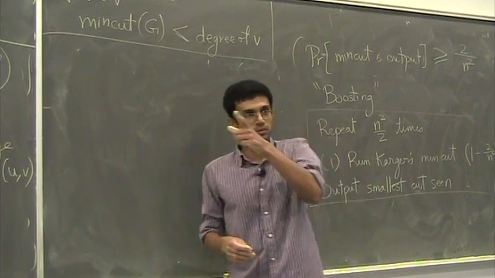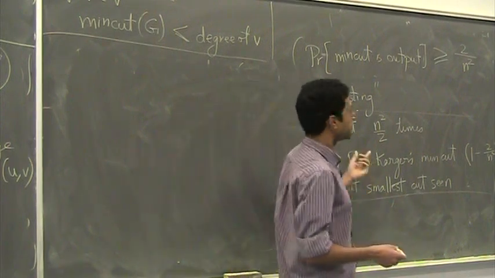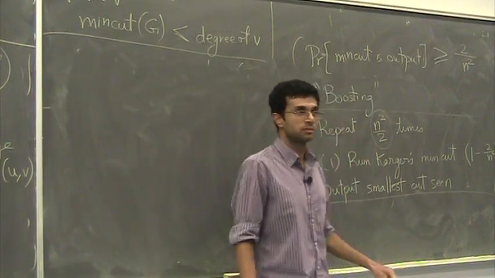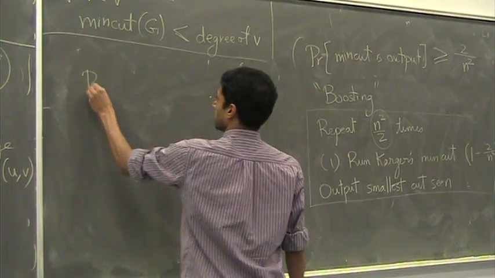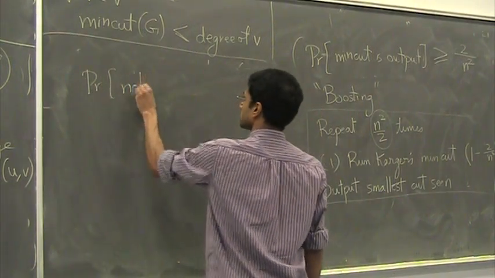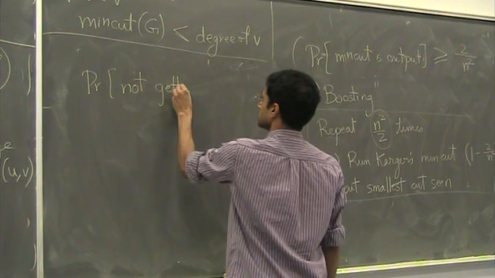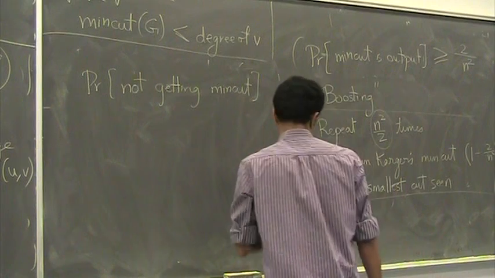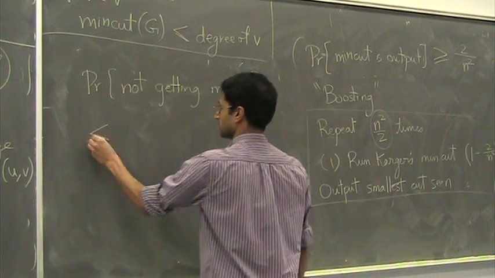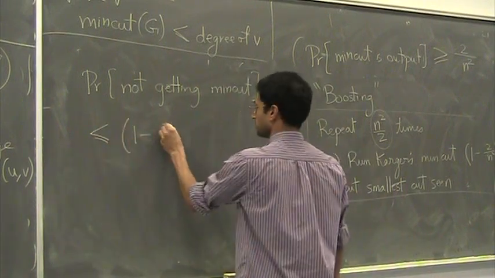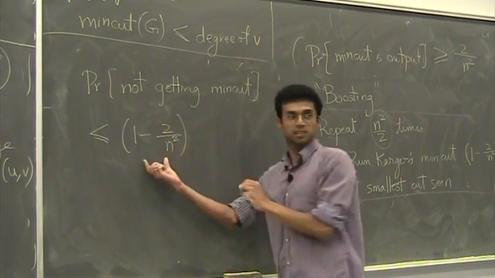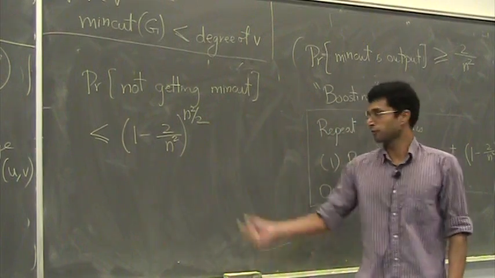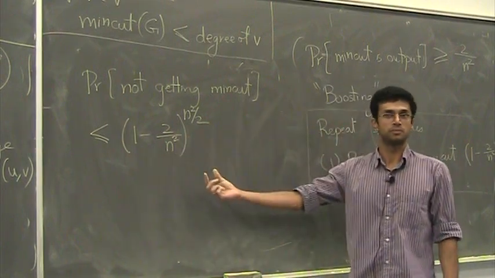They're independent trials, right? And how many independent trials have you done? That many. So the probability of not getting the Mincut is basically you have to fail in every single trial.